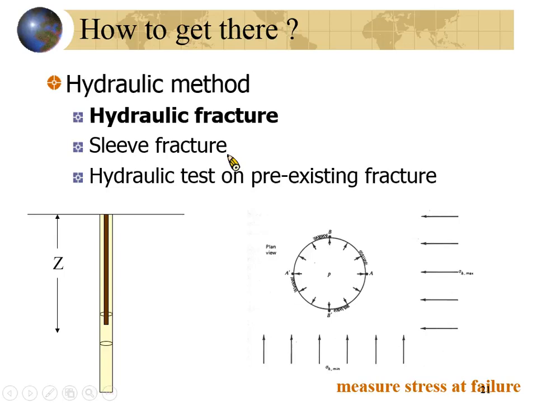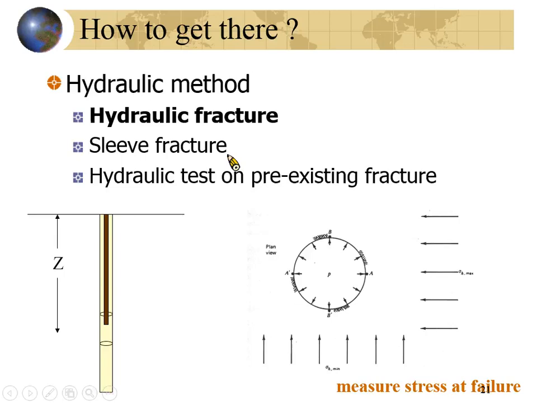Because you have 6 independent variables, you need 6 equations to solve for the unknowns. That is the reason why you need fractures with different orientations and measure the normal stress acting on the fractures.